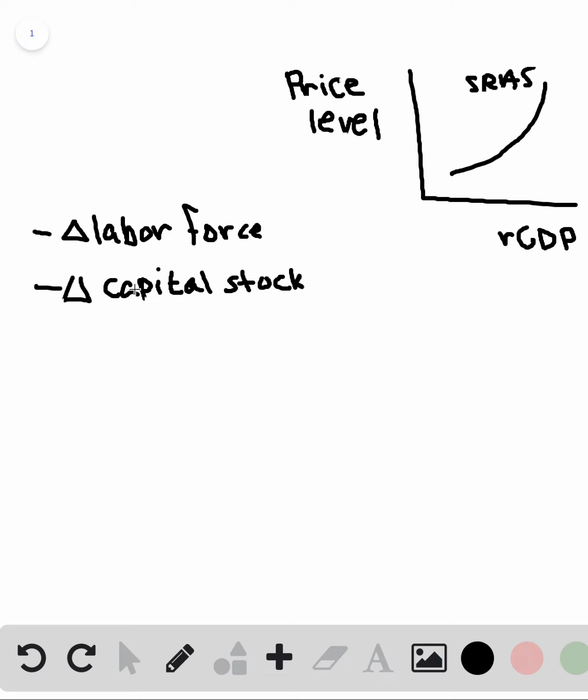So that can be an increase in tools, an increase in factories, an increase in basically inputs that create the product that the company or business manufactures. A technical change, so a technical, which I'm going to abbreviate with tech, change.